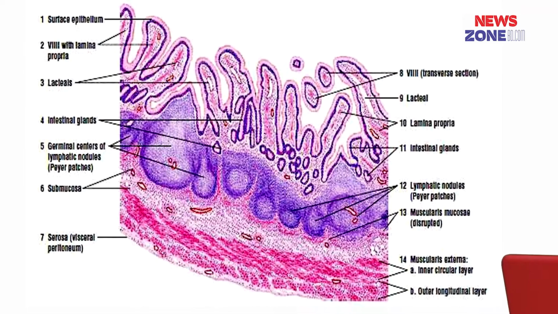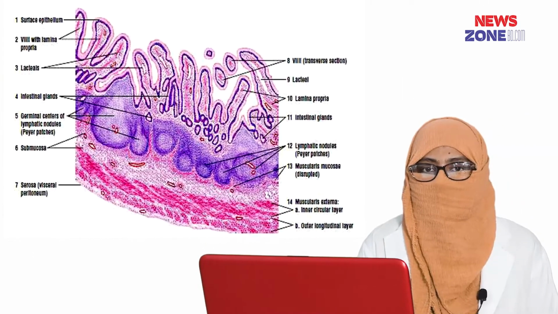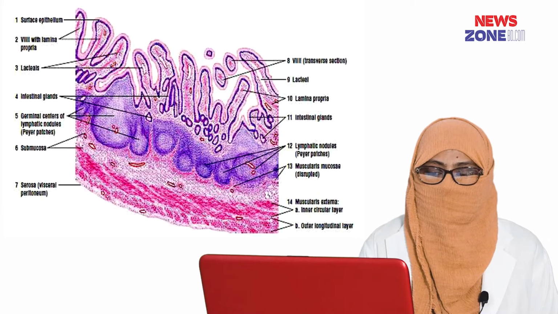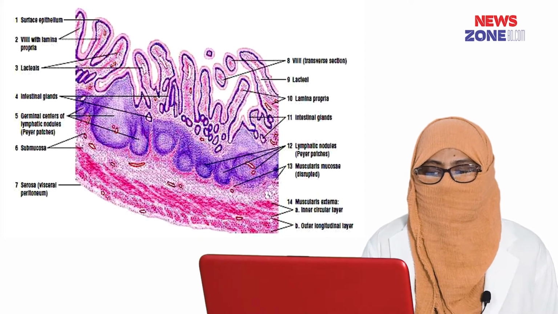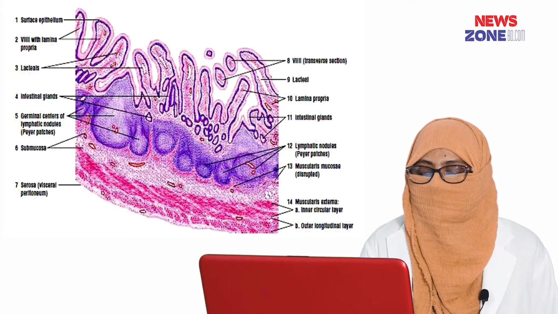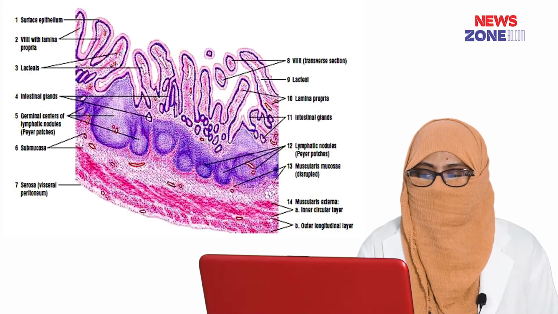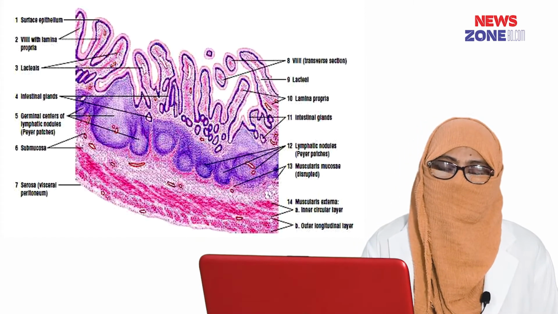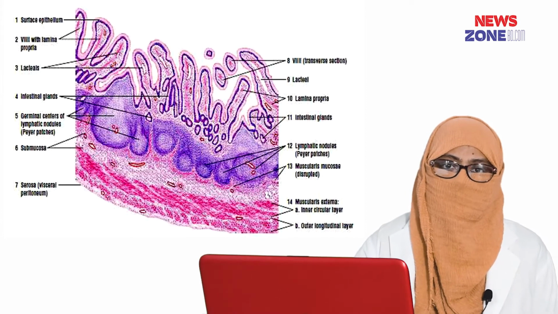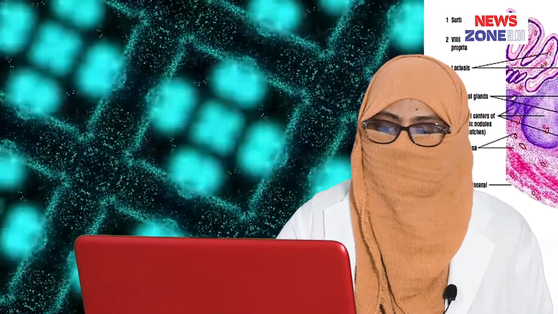And lymphatic nodules are present here, named Peyer's patches, and these Peyer's patches are present within the submucosa layer. The muscularis externa contains smooth muscle arranged as the outer longitudinal and inner circular layer, and the serosa layer contains connective tissue with blood vessels and lymphatics.